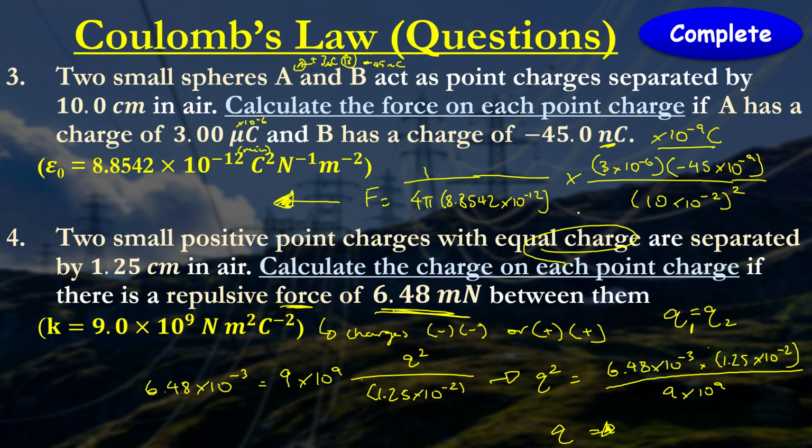Okay, so the value we get for number 3 is minus 0.121 newtons. This is an attractive force. The reason why it's an attractive force is this negative. Remember, when we first talked about vectors, negative implies that the charges are moving in opposite directions.